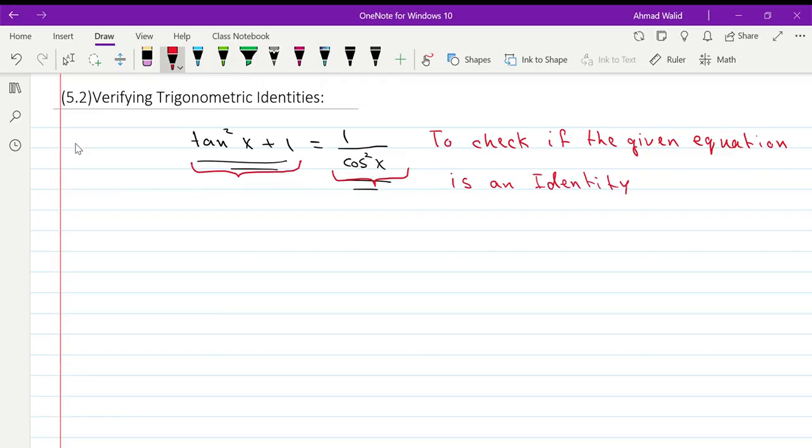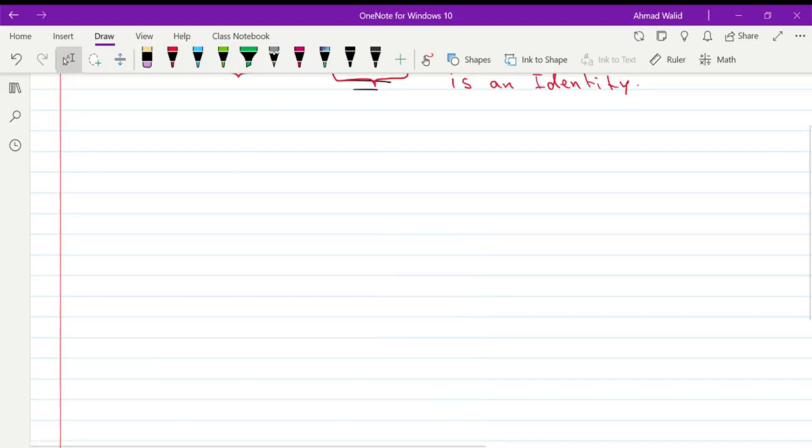That's the meaning of verifying trigonometric identities. To be able to do this, there are 5 steps noted, 6 steps noted in your book, very in detail, but I'll give you here very simple 5 steps. I brought a little bit of changes in it, to make it simple for you. Work with these steps one by one, correct?